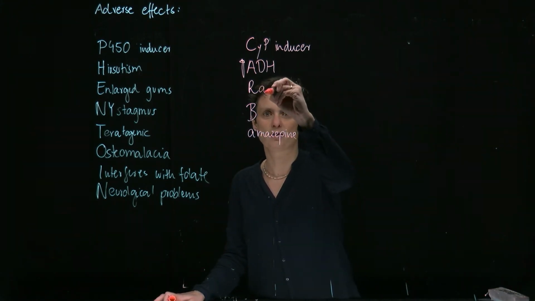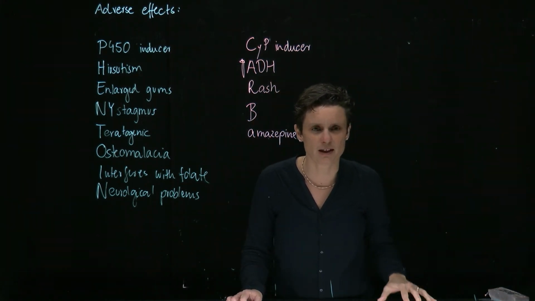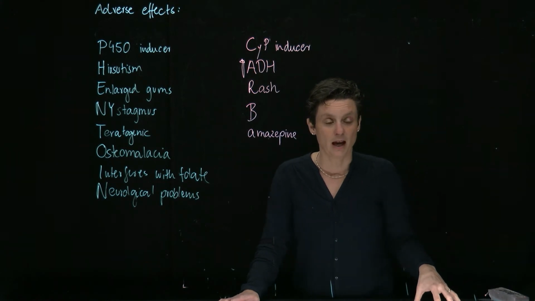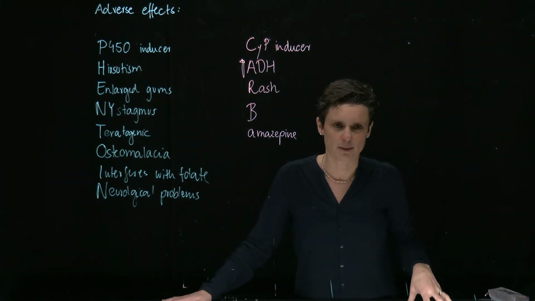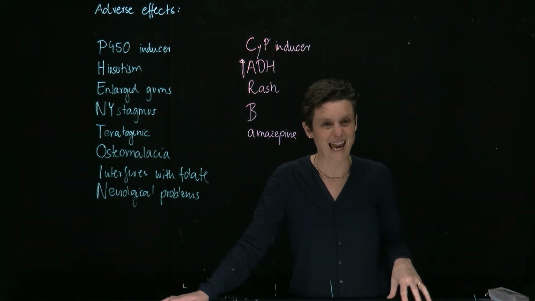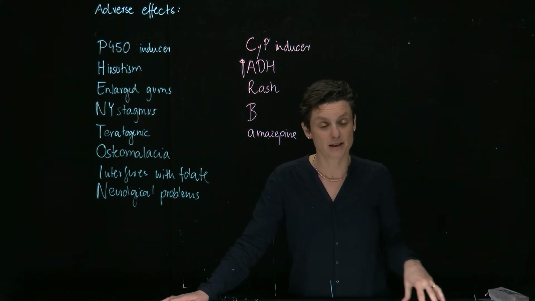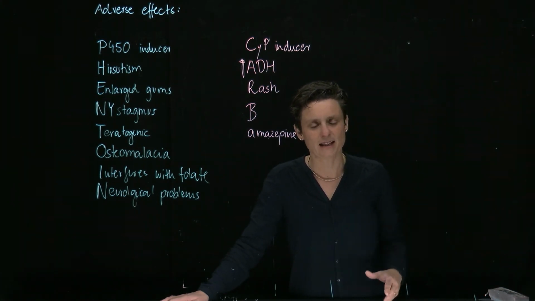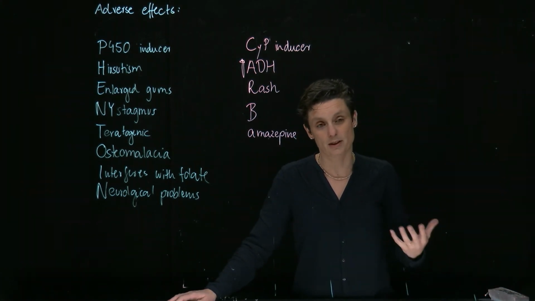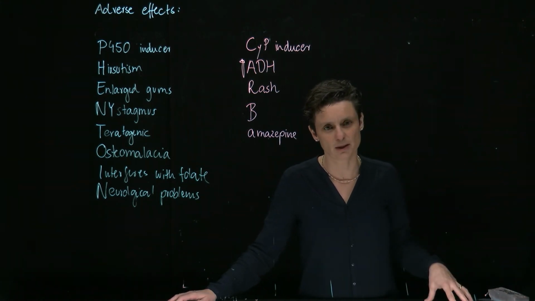Then it leads to a rash. And that's an important consideration because there's now even a black box warning on carbamazepine that warns for this rash that is found predominantly in Asian patients because they have identified a specific HLA gene that is correlating with this rash. And this specific HLA gene is found predominantly in Asian patients.